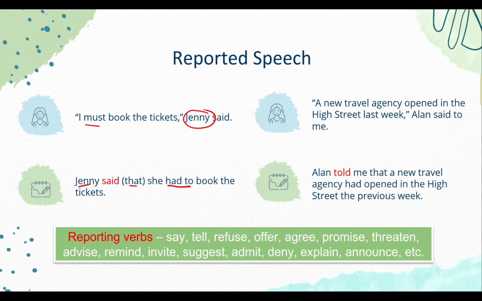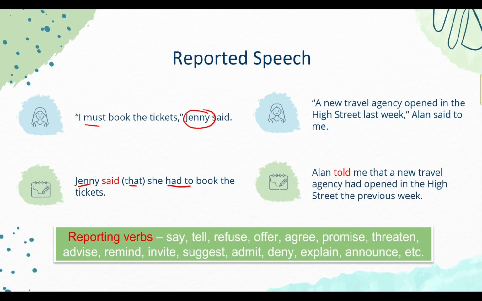Okay, basically kita report, kita ulas ataupun kita nak bagi tahu orang lain tentang apa yang Jenny cakap. That's where we use reported speech. We usually see this in stories or in news reports. Something like that: The Prime Minister told the press that the vaccination is on the way.